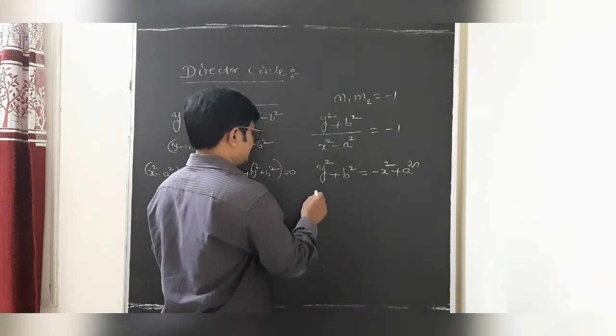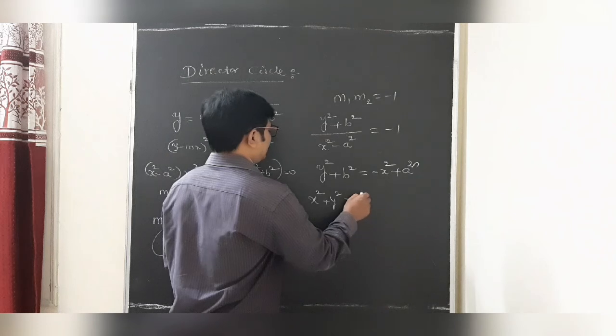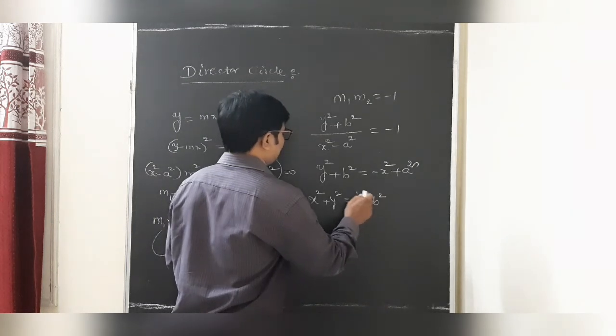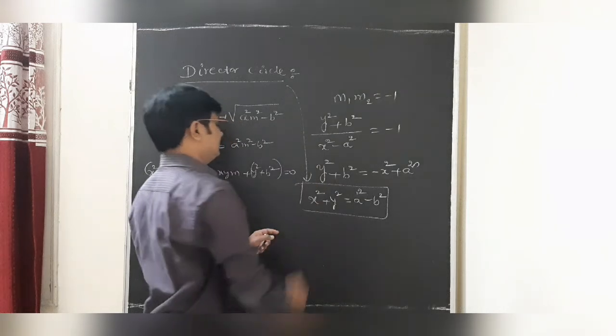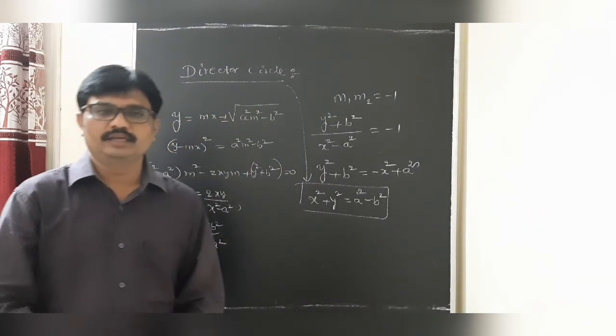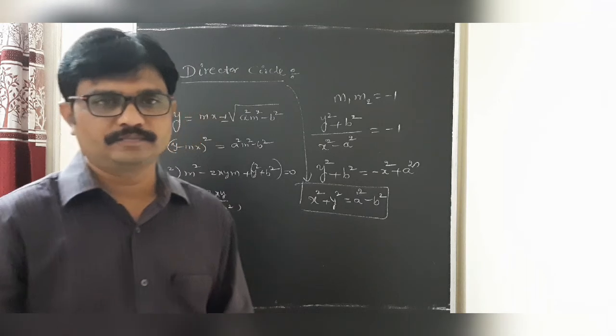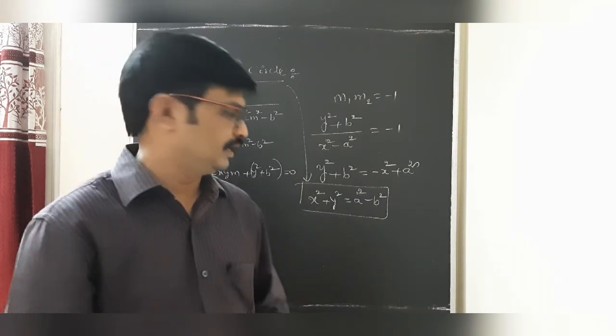So, students, this is x square plus y square equal to a square minus b square. This is called the equation of the director circle. The equation of the director circle is x square plus y square equal to a square minus b square.